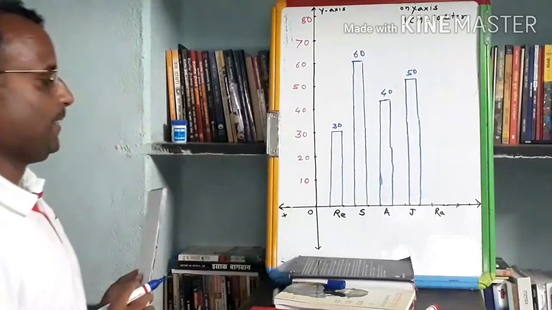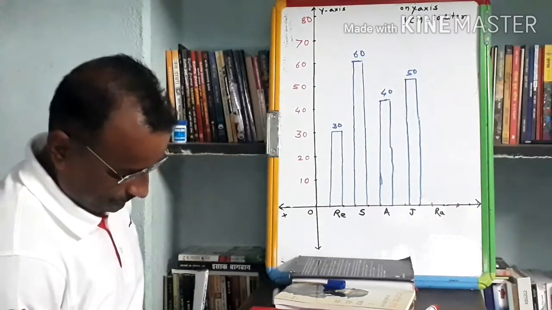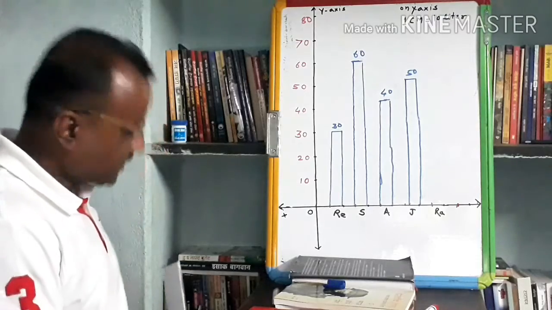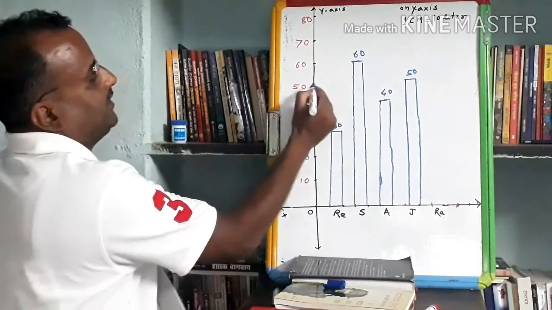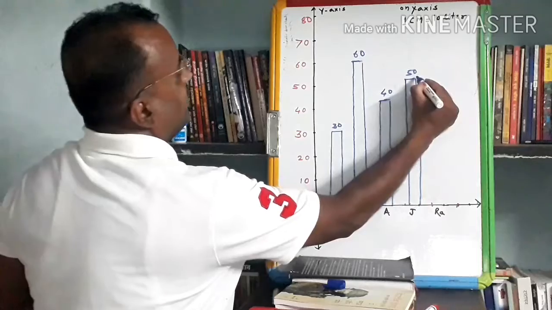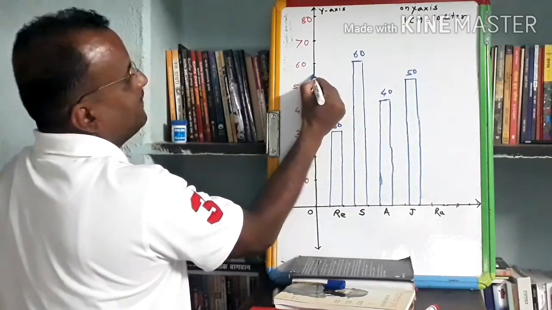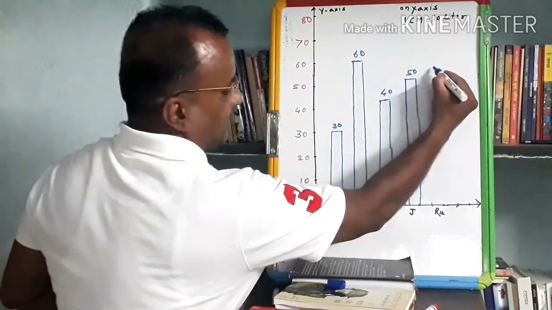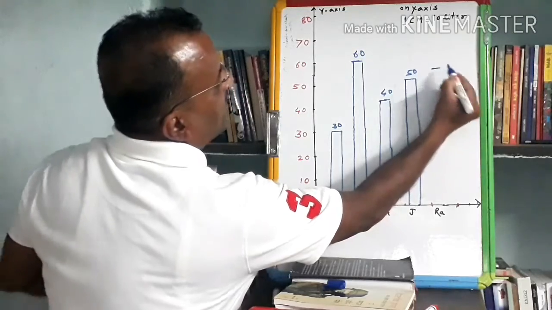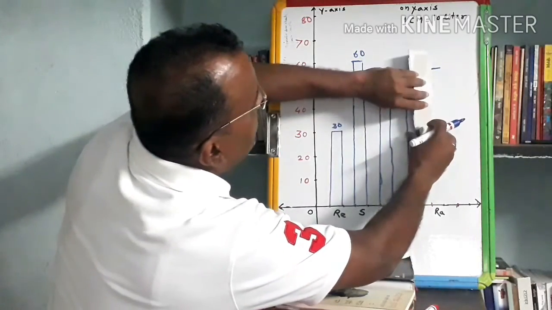And lastly, Rahul's family consumes, as per our data, 55 liters. Here is 50 and here is 60, and 55 is in between 50 and 60. So here is the 55 liters for Rahul's family.